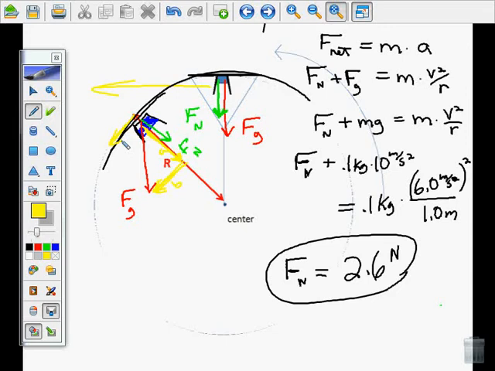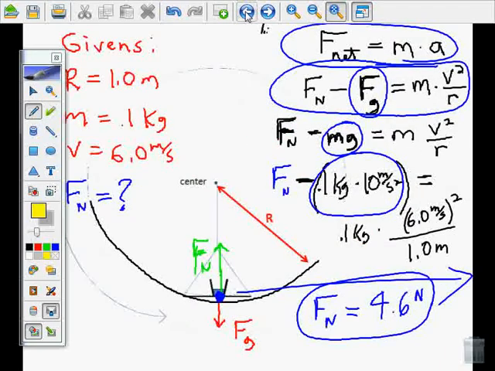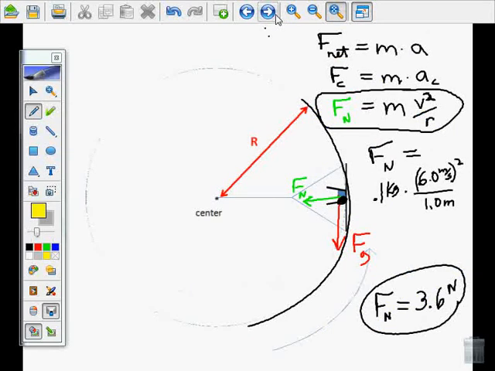Usually the popular cases are the bottom, where the net force is the normal force up minus the weight force down. And then the side, where the normal force provides all of the centripetal force.